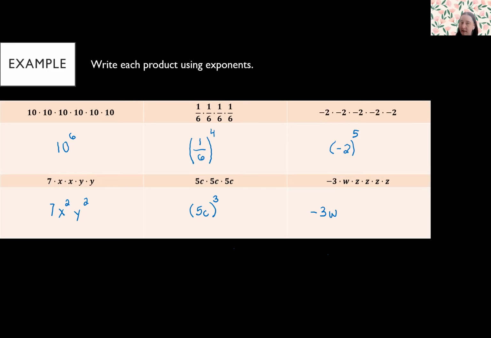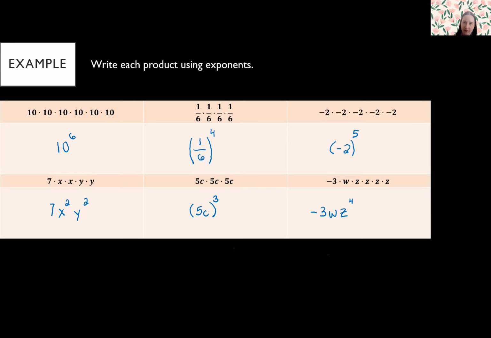And then we've got z multiplied by z multiple times, and there are 4 z's there. So we're going to put a z with a 4. Because we do not have parentheses, that exponent is only attached to the z. It is not part of the w. It is not part of the -3. It's only on the z.